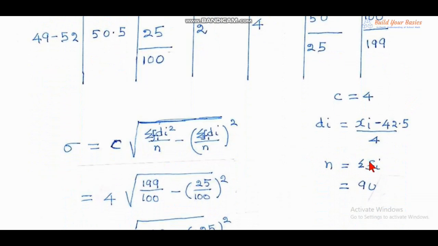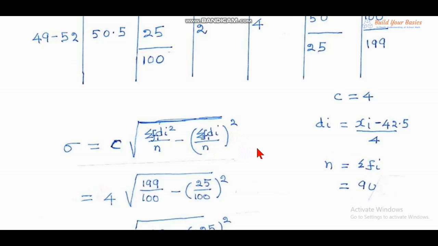N equal to sigma fi, that is 100. There is a mistake here, it is not 90, it is 100. Now sigma, standard deviation equal to C, that is step C into square root of sigma fi di squared by n minus sigma fi di by n the whole square.